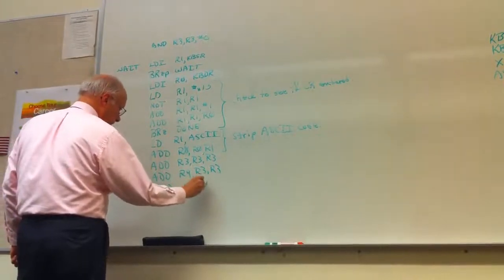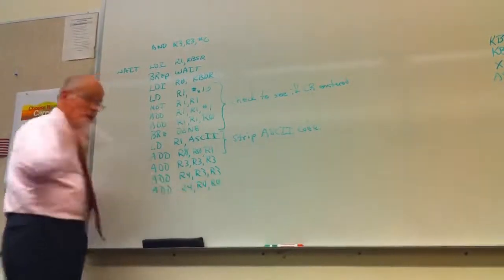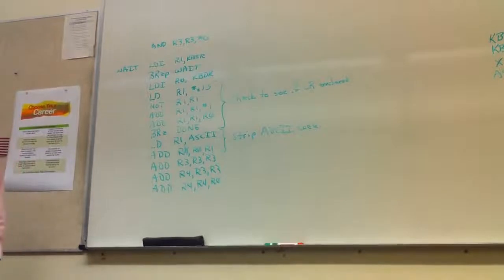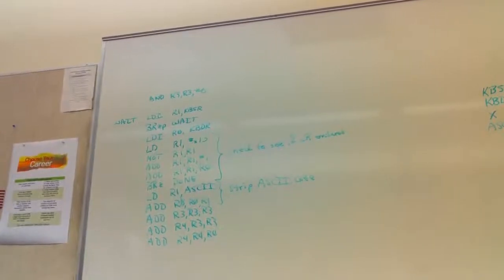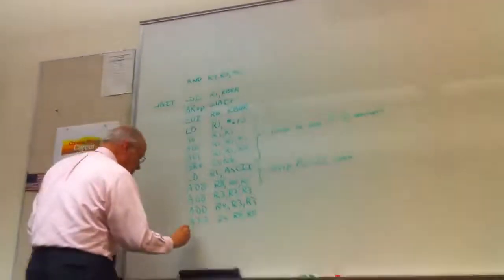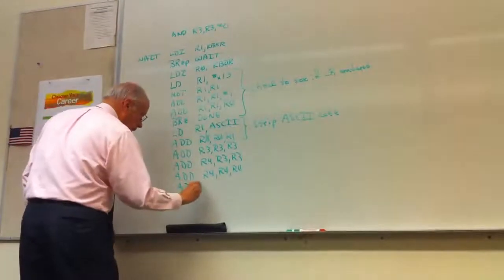But there's just 0 in register 3, isn't there? Yes, but that's going to change. I have to write my loop as though I were in the thing. Initially there's a 0, but we're going to trace this thing in just a moment. This now gives me 8, which I will add.